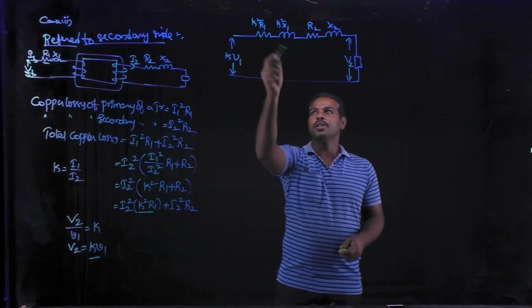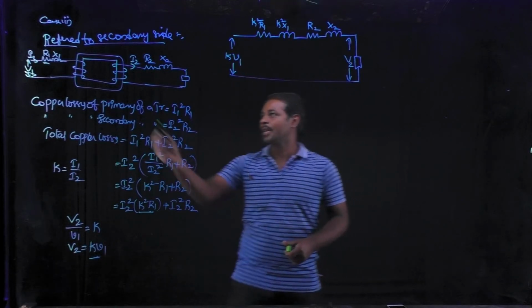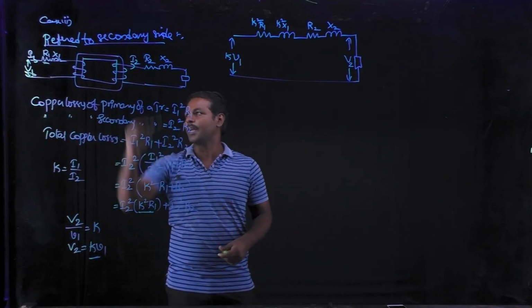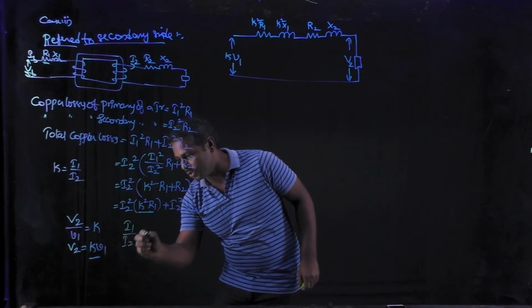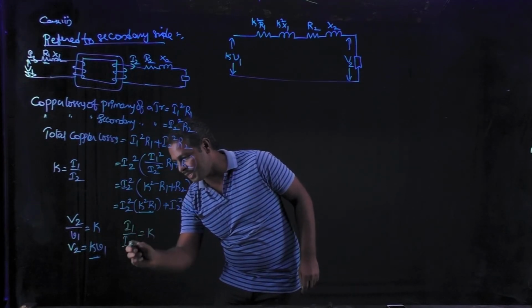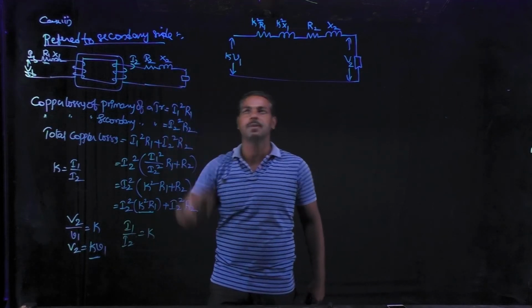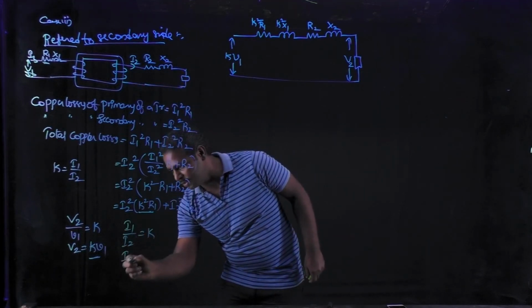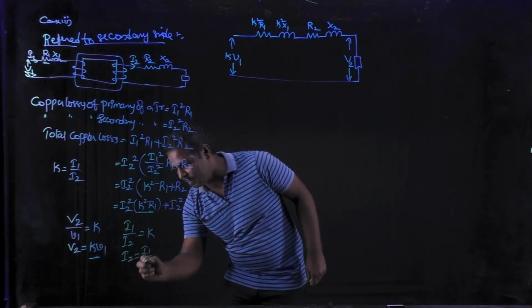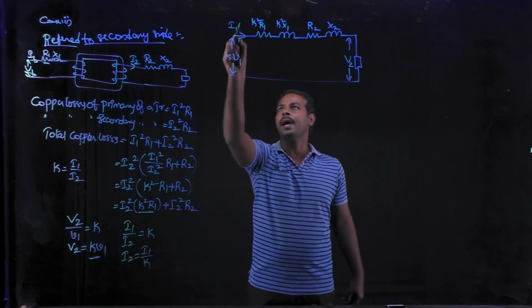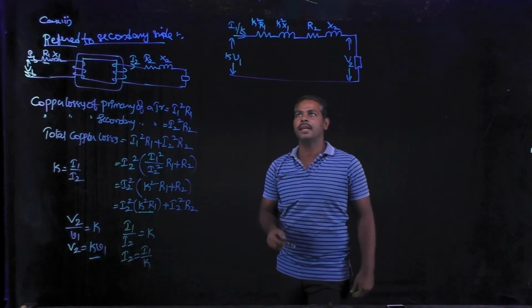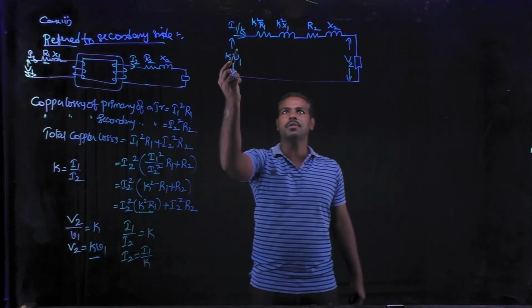So this circuit is to be simplified into another circuit. That means the current is to be shifted from primary to secondary, that means I1 by I2 is equal to K. So I2 is equal to I1 divided by K, because the I1 current is referred to the secondary side. So the current in the circuit is equal to I1 divided by K, which is equal to the I2 current.